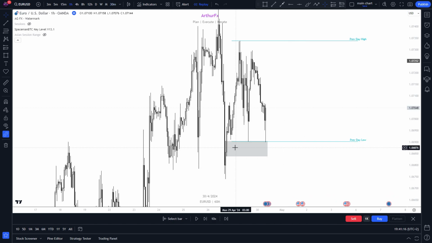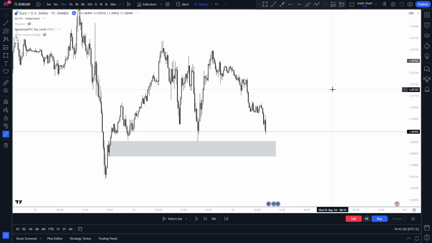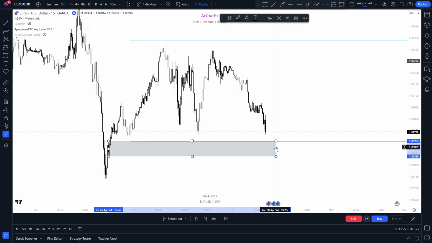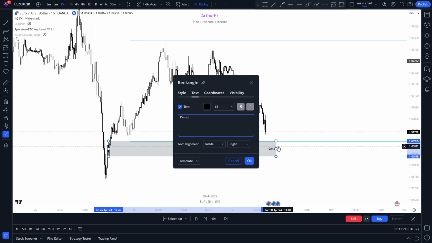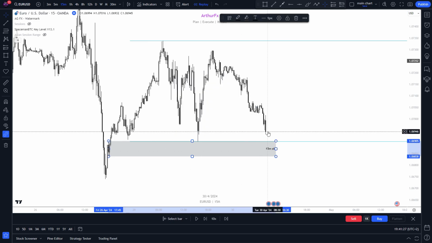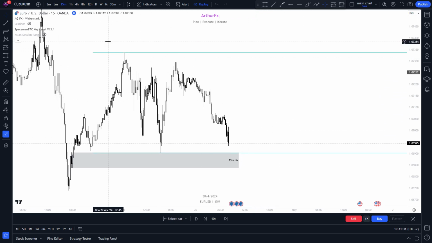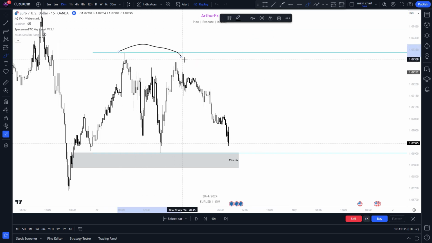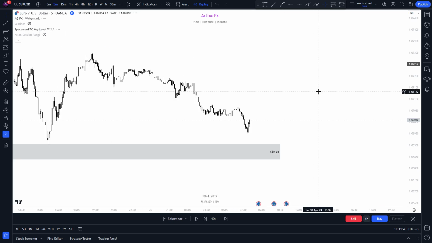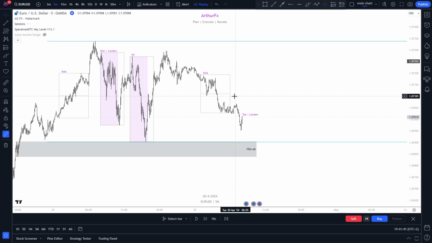Yeah, we just got the 1 hour fair value gap close here as well. So yeah, this 15-minute OB was an interesting POI for me, which I was looking to take longs from, and then I wanted to target these highs that we have right here, right under previous day high, and these highs right there as well.